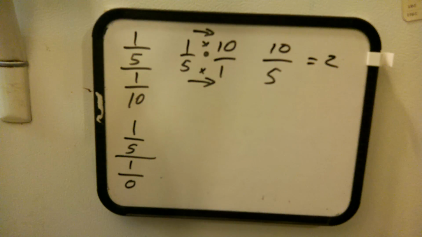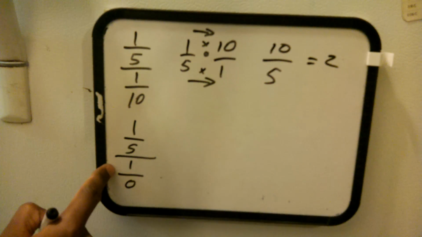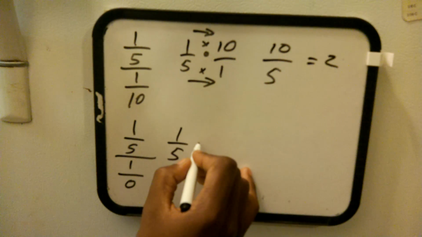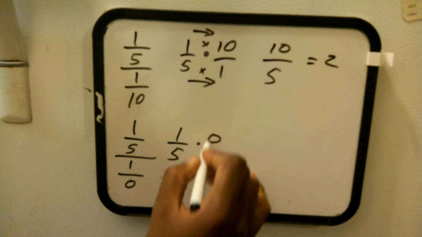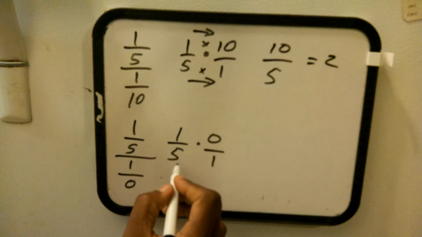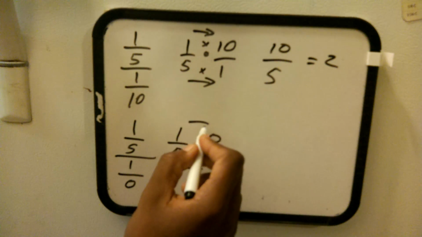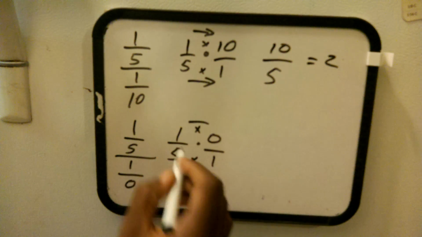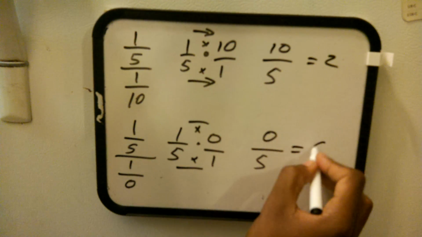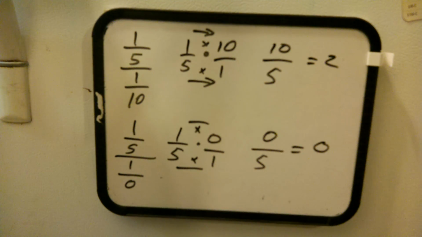So what would that be? How do you fix that? You would do 1/5 times 0 over 1, just like we did up here. And you would multiply across. You get 0 over 5, which gives you 0, right? Same thing.